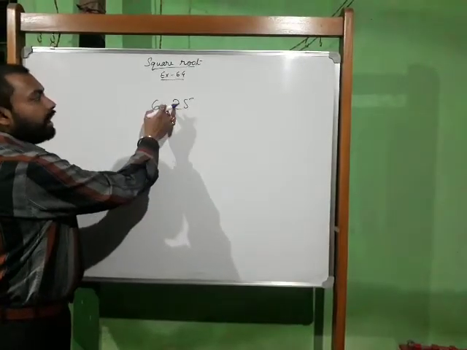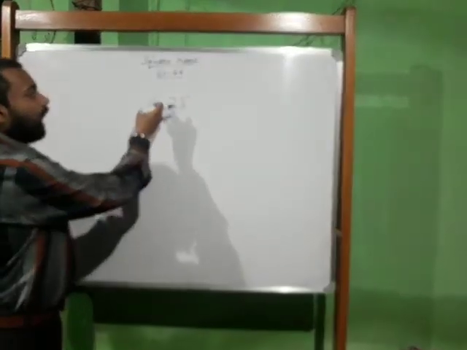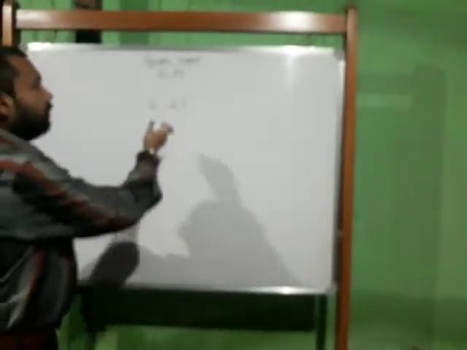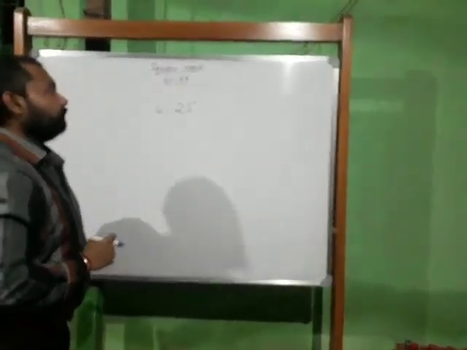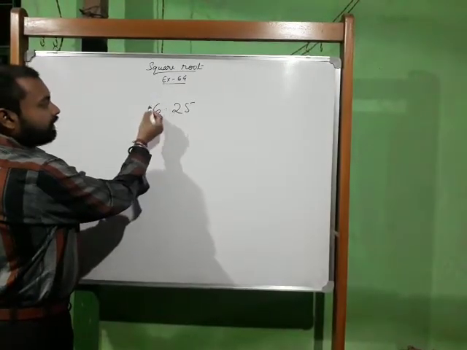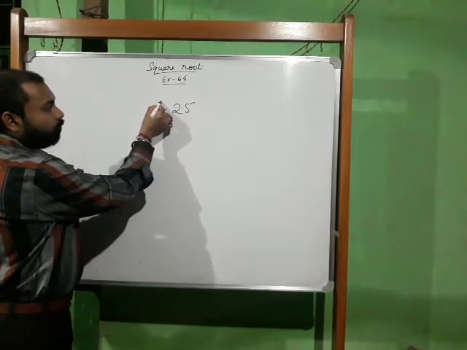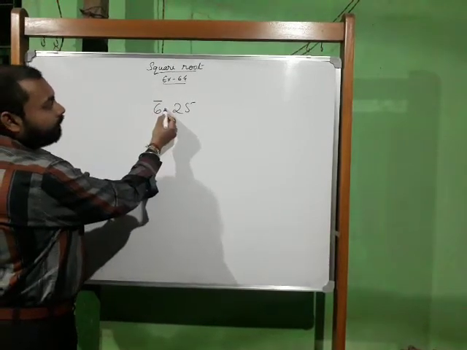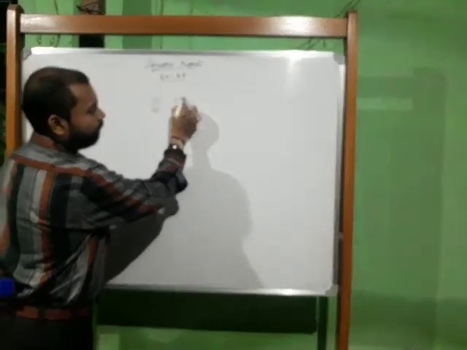It is a perfect square number which has a decimal point. So how do we find the square root of this decimal number? So the process is what? Before the decimal you should do pairing from the last, but after the decimal it should start from the first.